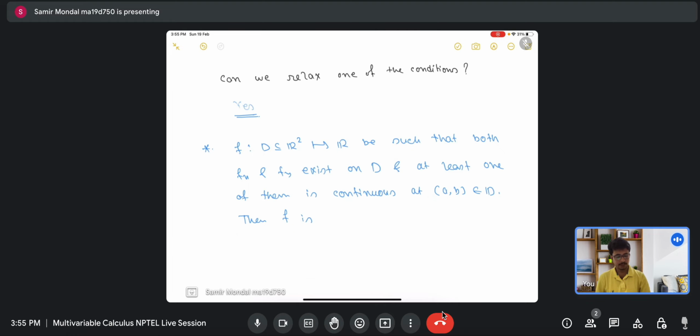Then f is differentiable at the point (a, b).